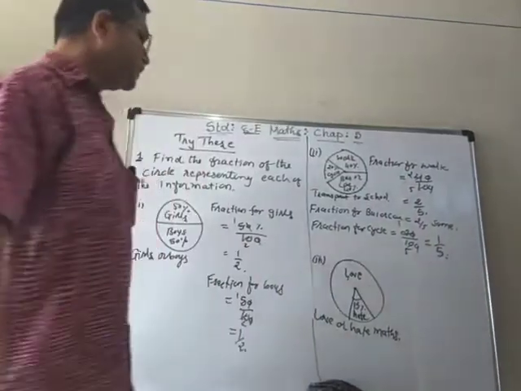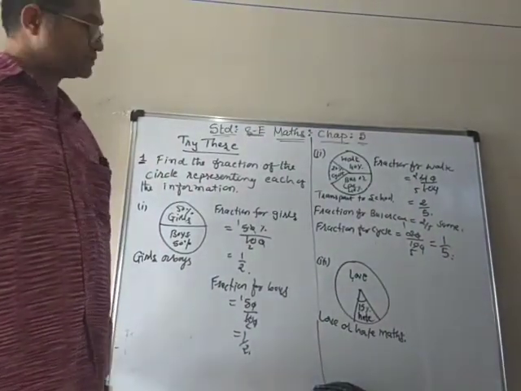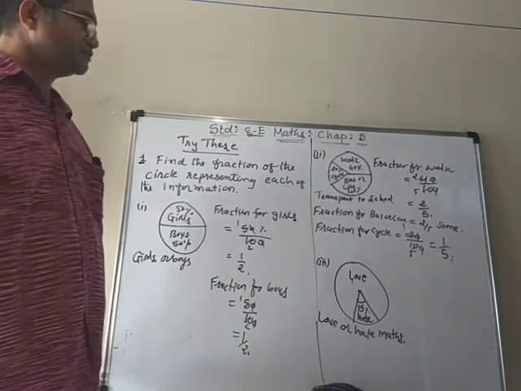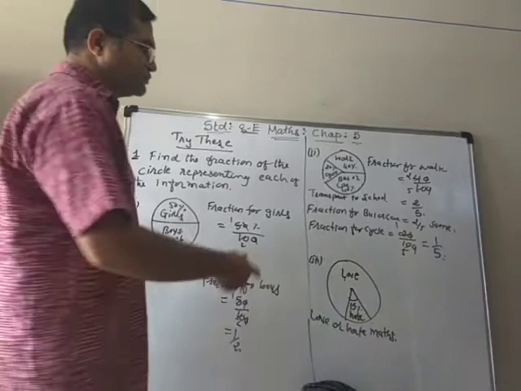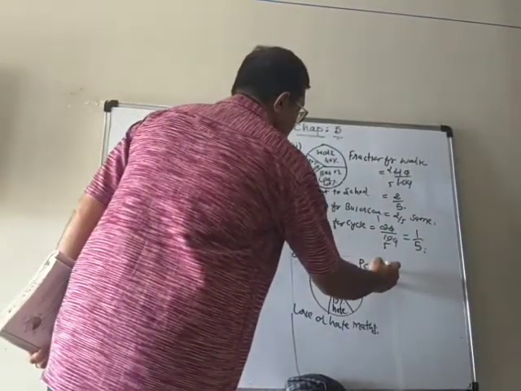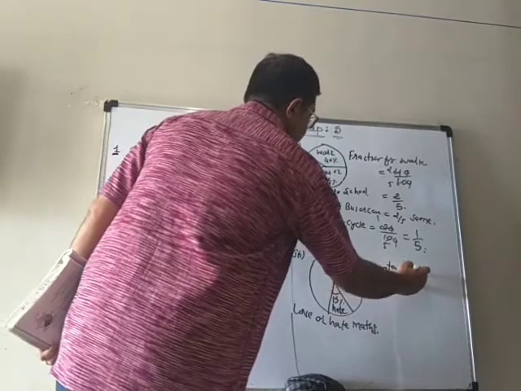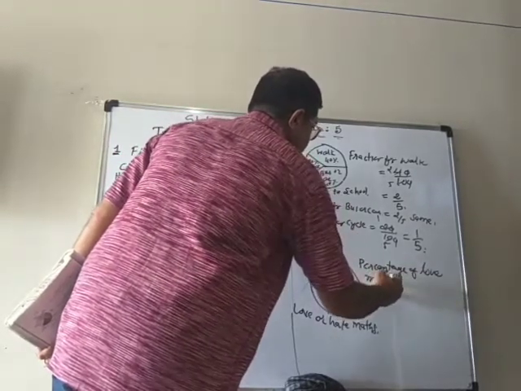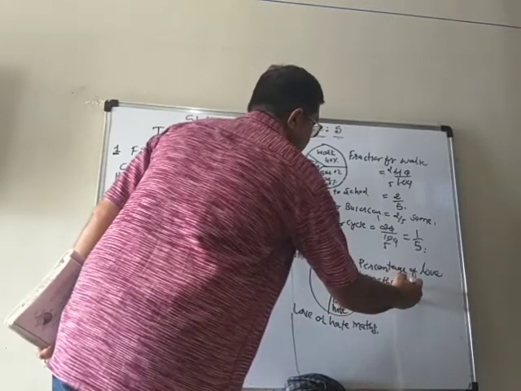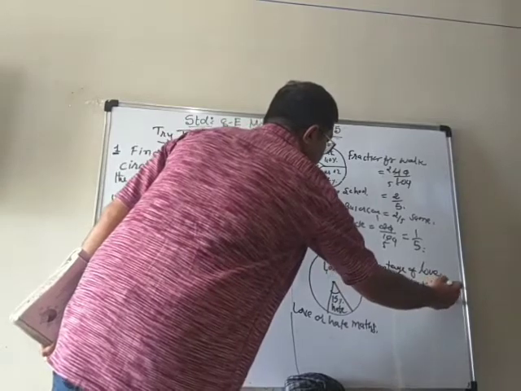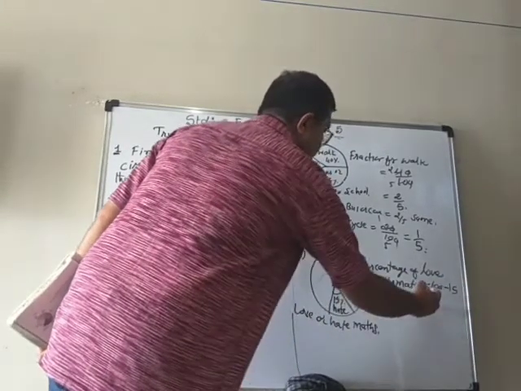Now here, love or hate mathematics, in which only the percentage for hate is given, love is not given. So first we will find the percentage for love. Percentage of love for mathematics is equal to 100 minus 15.